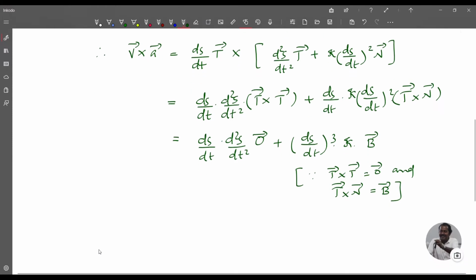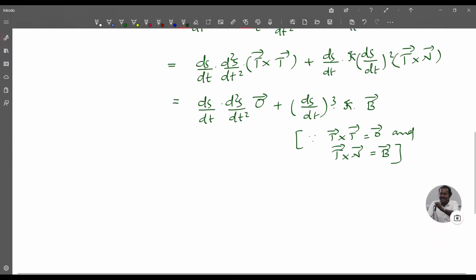So this is equal to (ds by dt) the whole cube into kappa into vector B. This is V cross A.